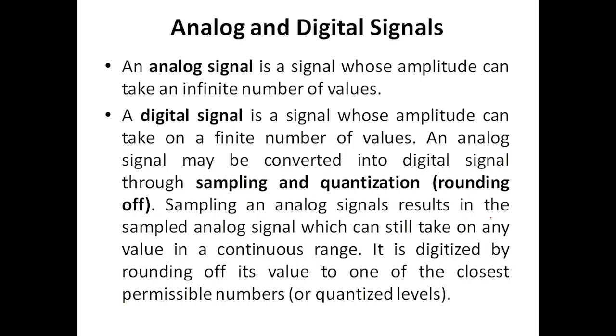Digital signals are generated from the continuous time signals by two processes. The first one is sampling. I have already told that when you multiply an impulse train with the continuous time signal, you get the discrete time signal. In the discrete time signal, we have discretized the signal in the time domain.